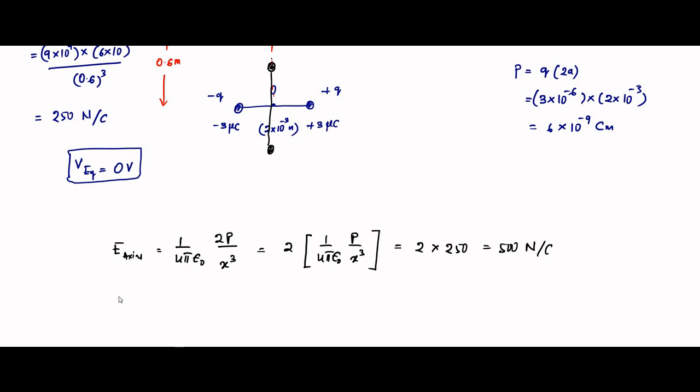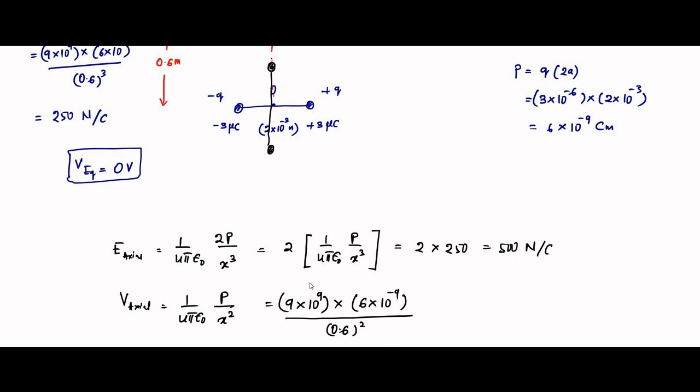Then for the electric potential along the axial line, the formula is 1 by 4 pi epsilon 0 p by x square. That is equal to 9 into 10 to the power 9 into p, which is 6 into 10 to the power minus 9 coulomb meter, by 0.6 whole square.